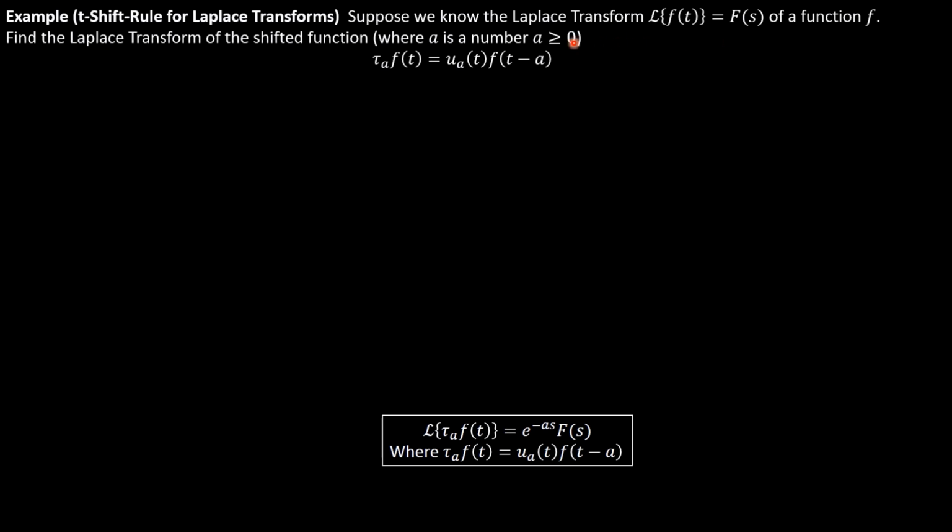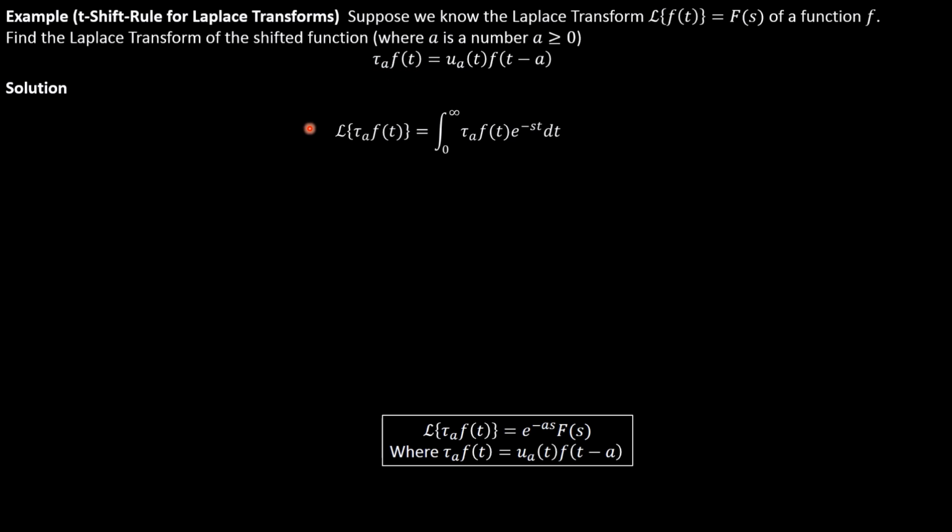Suppose you have a function f, and let's suppose we already know what its Laplace transform is. Suppose we define this shifted function, tau a of f of t. It's a translation of f times a Heaviside function. Let's compute the Laplace transform of the tau shifted function f.